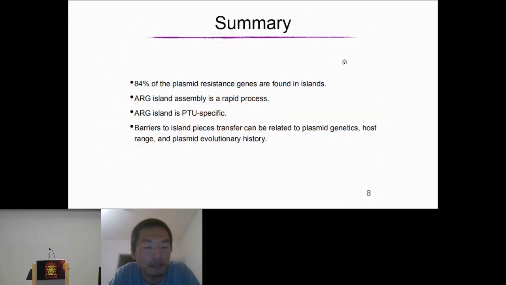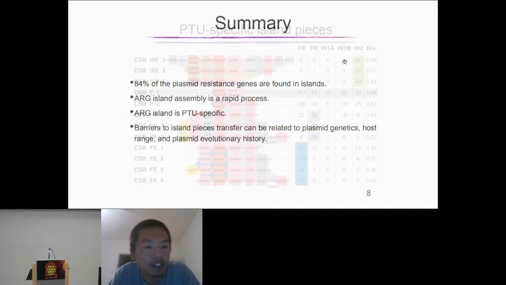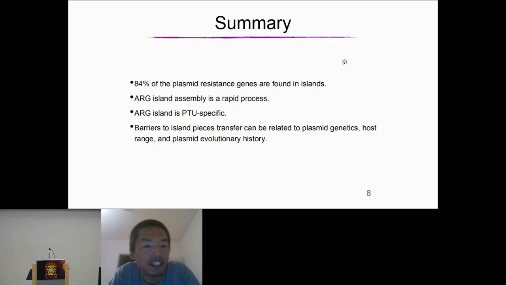So specific plasmid lineages carry ARG islands, and the ARG island pieces are PTU specific, which means there are barriers to island piece transfer. The barriers could be related to plasmid genetics and the host range, and we also need to consider the plasmid evolutionary history.